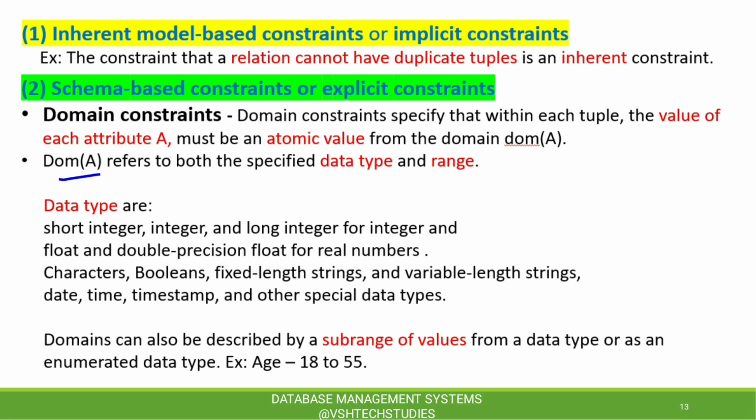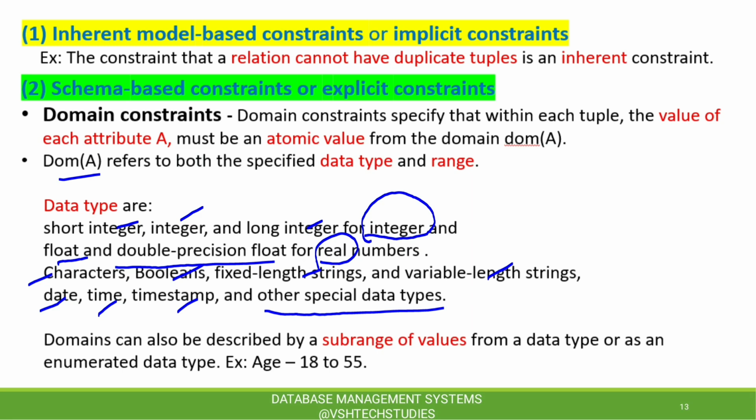So the data type can be short integer, integer and long integer, or float, double precision float for real numbers, or the data type can be characters, boolean, fixed length strings and variable length strings, or the data type can be date, time, timestamp or other special data types.